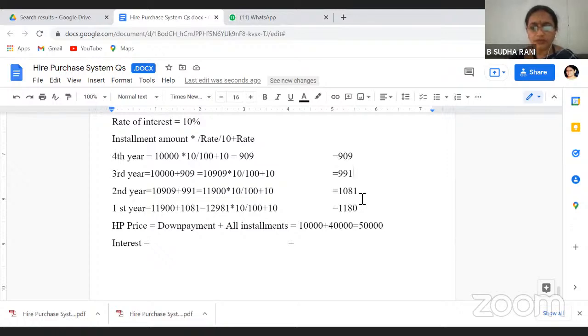That is the total interest. If you subtract that from the hire purchase price, how much do you get? 45,839.